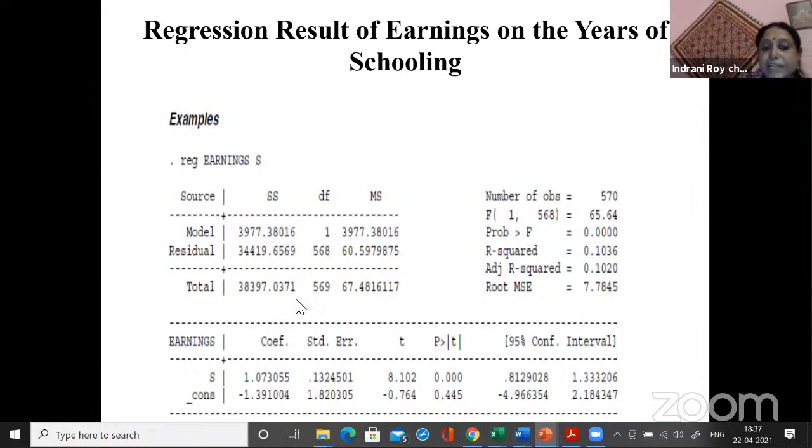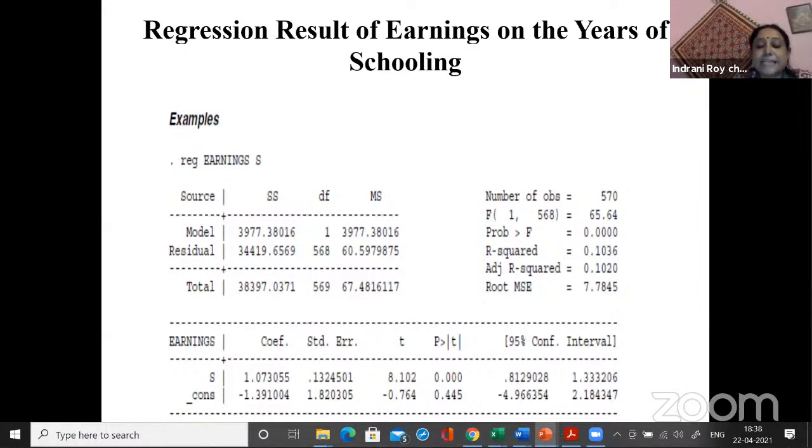So see the second column, the coefficient, which will give you the estimates of your beta naught and beta 1. The constant is your beta naught, and S is the variable for X, your years of schooling. You see that the constant value is negative. What does it imply? It implies that somebody with 0 years of schooling has negative earnings, meaning earning is through borrowing or begging or whatever way you want to interpret.